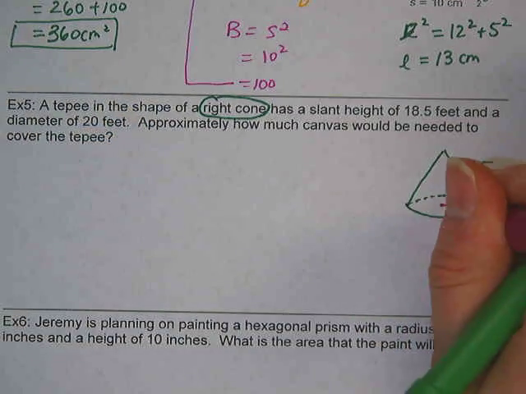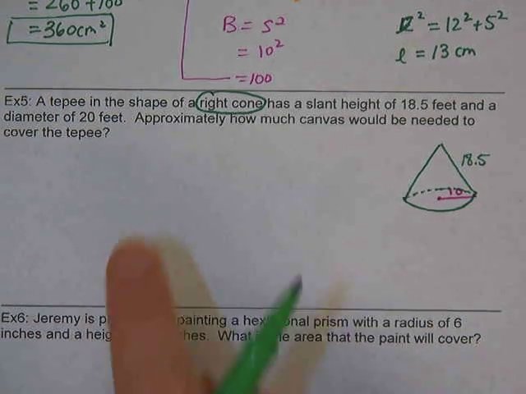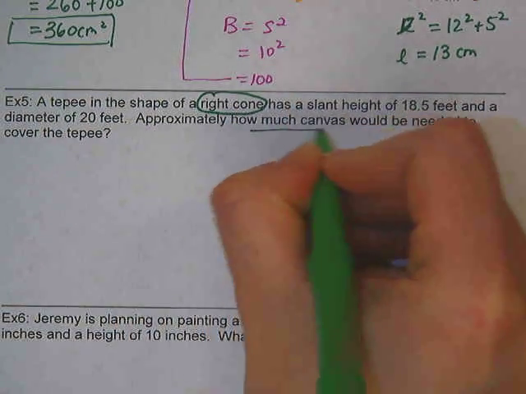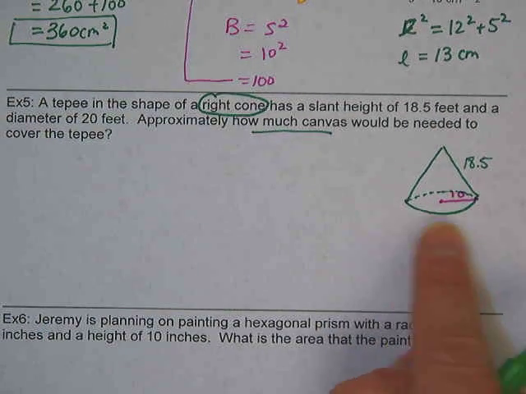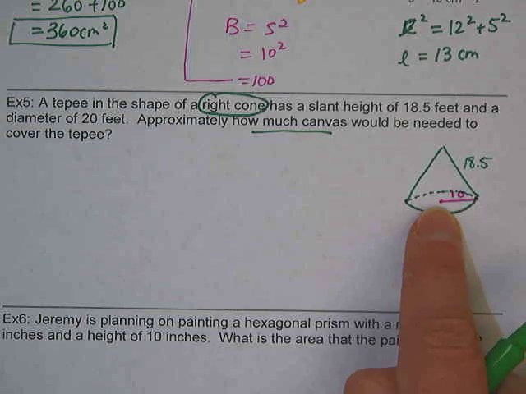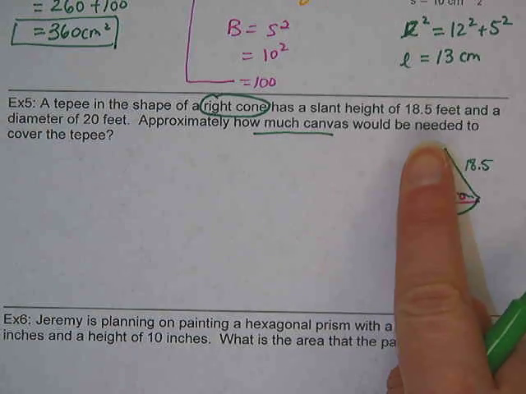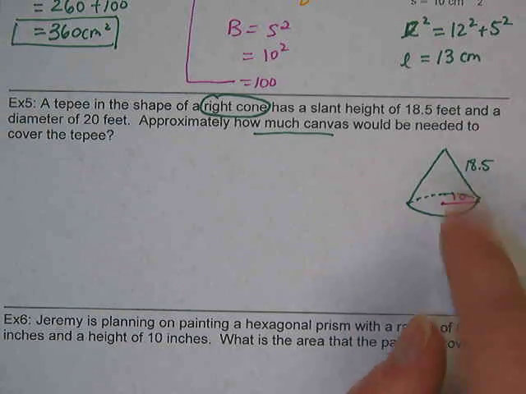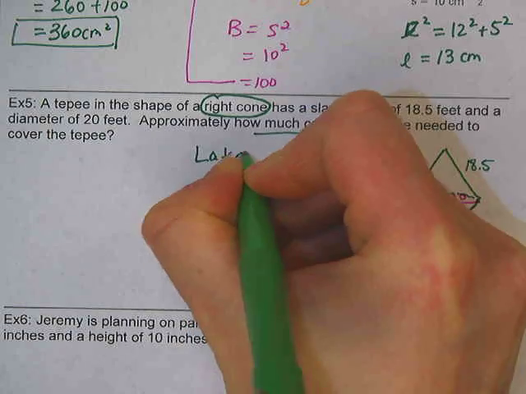We're told that we have a slant height of 18.5 and a diameter of 20. Because it's a circle, I actually prefer to put in the radius. If the diameter is 20, that means the radius is 10. Now, it's asking how much canvas would be needed to cover the TP. When you have a TP, you don't cover the ground. That's where the bottom is. So this TP is going around the figure.